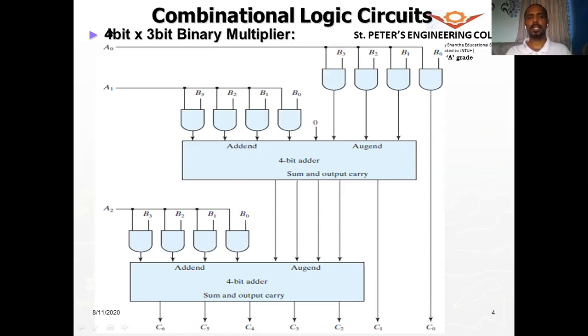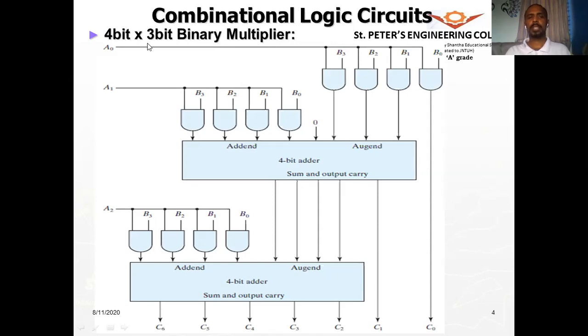So when I multiply 4 bit by 3 bit, I require 12 AND gates. And what is the output? Output bits are 4 plus 3, that is 7 bits. So 7 bits will be the output.